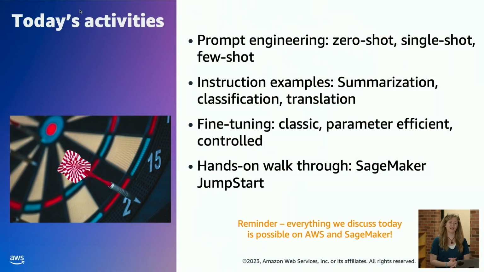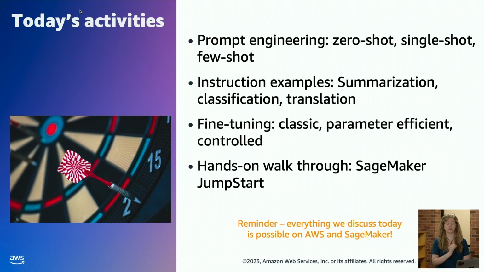And so today's activities, we're going to start with all the shots. So with 0 shot, single shot, a few shot prompting, we're going to really understand those. We're going to dive into them, explain the topics, and get used to them because they're really important ones. We're going to learn about instruction fine-tuning, what that is, why that matters, how to do it, or mostly just how to make sure that your model has done it.